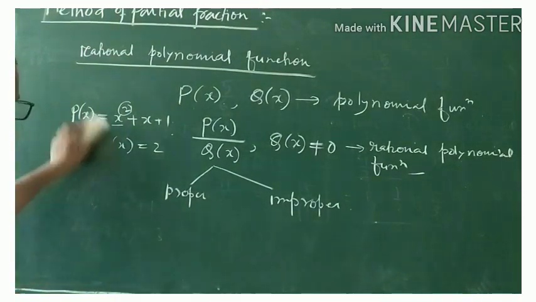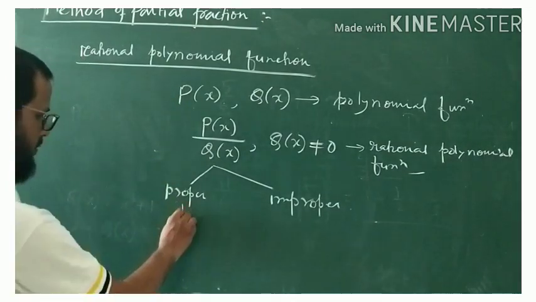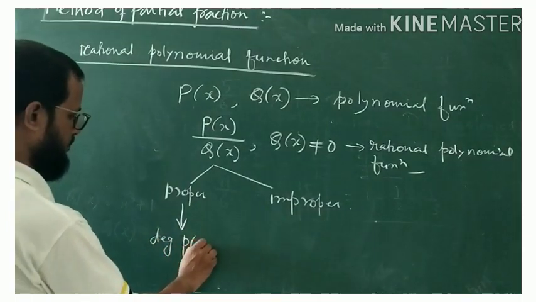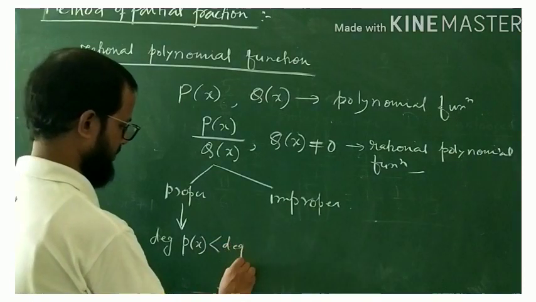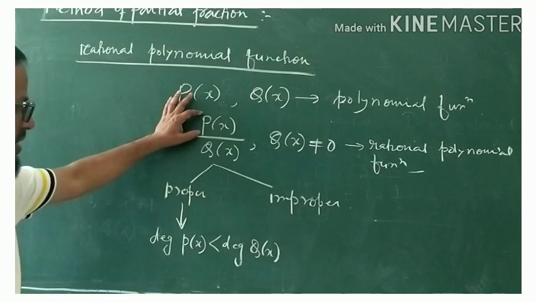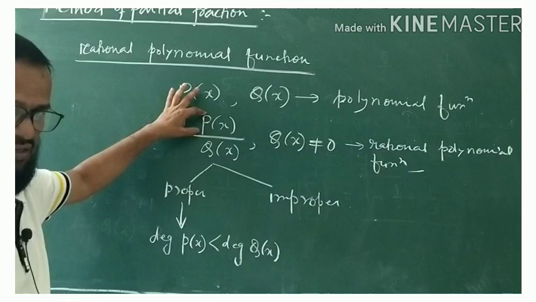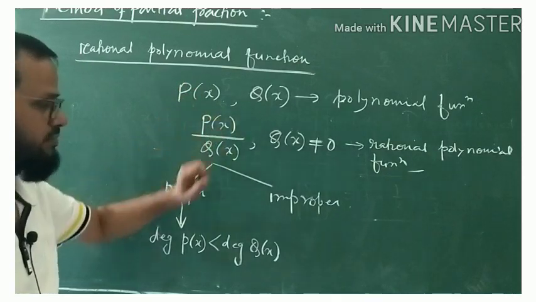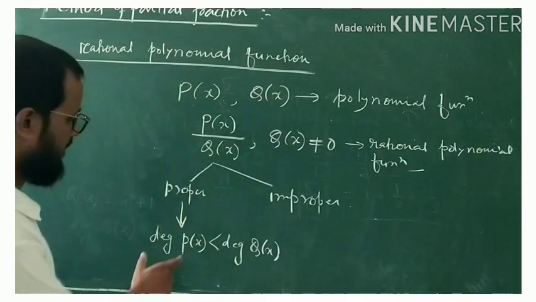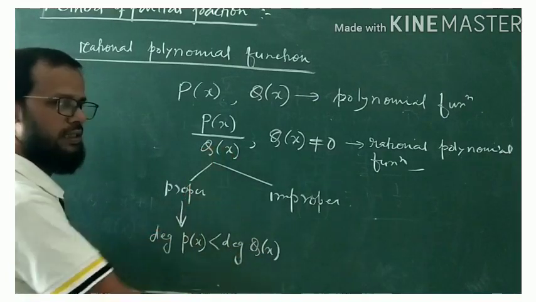Now, when P(x) by Q(x) is proper, the rule is degree of P(x) is less than degree of Q(x). That means the degree of the polynomial in the numerator should be less than the degree of the polynomial in the denominator.